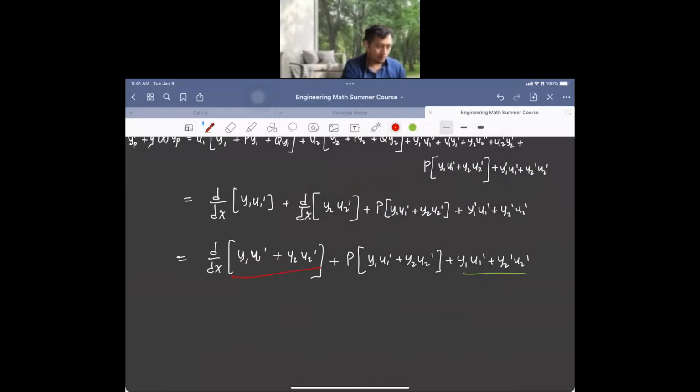So this and this and this. So what is our goal?